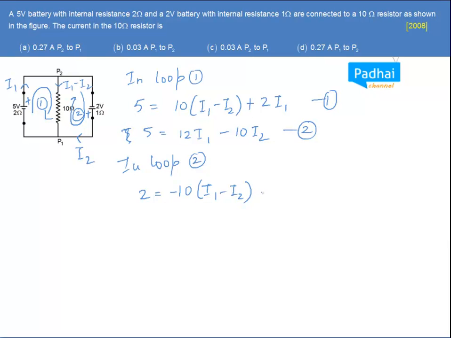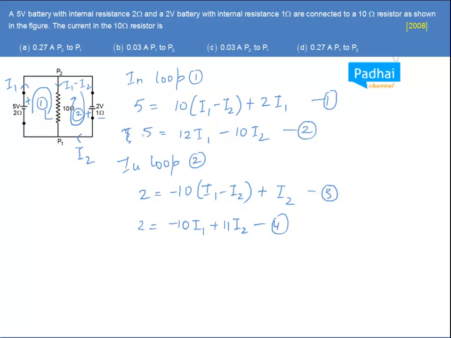If you are following the Zion tutorials booklet, you will see this convention. So plus I2, because the internal resistance is 1 ohm, so 1 into I2. This is the third equation, and if we calculate it, it comes out to be minus 10 I1 plus 11 I2. Let us mark this as the fourth equation.